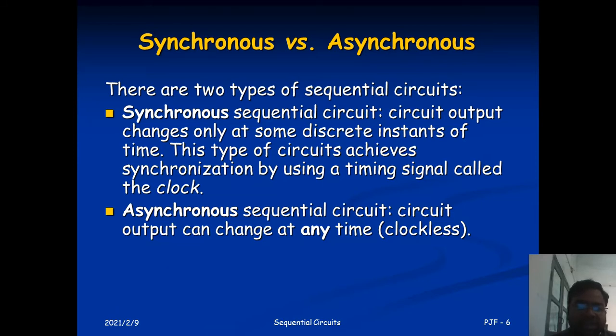When the clock exists, the circuit will work, otherwise it will not work. But in an asynchronous sequential circuit, the circuit can change at any amount of time, so it is clockless. We will generally use the synchronous sequential circuit, in which there is a provision of clock, and depending upon the existence of the clock the circuit will work.